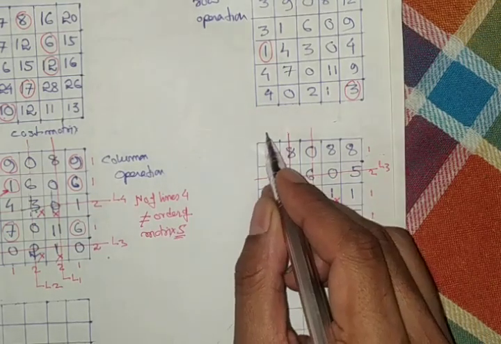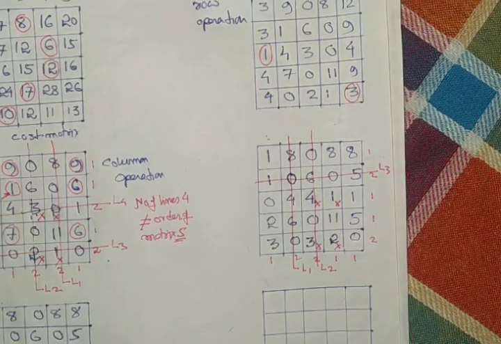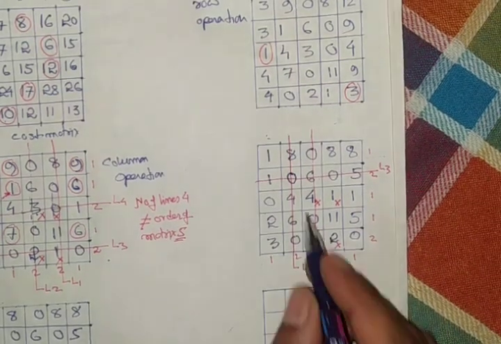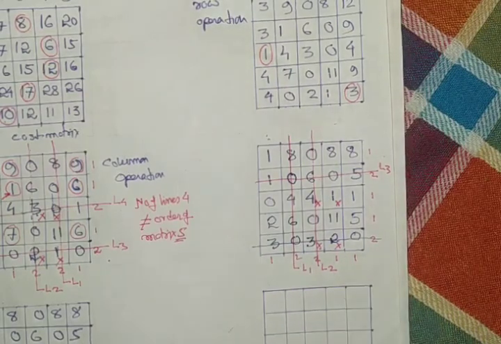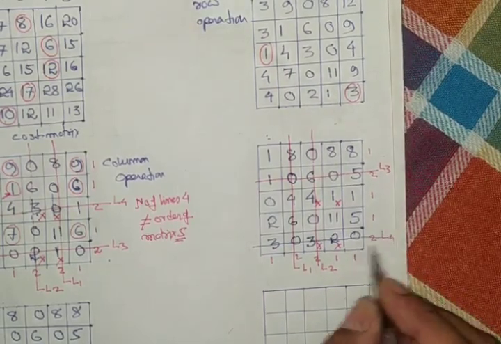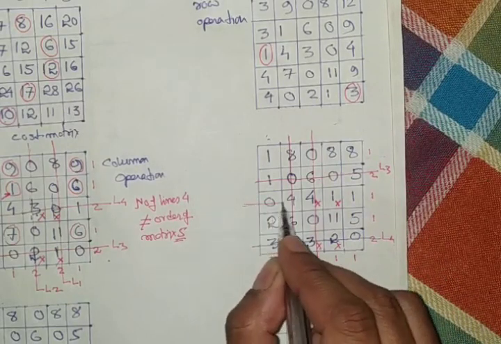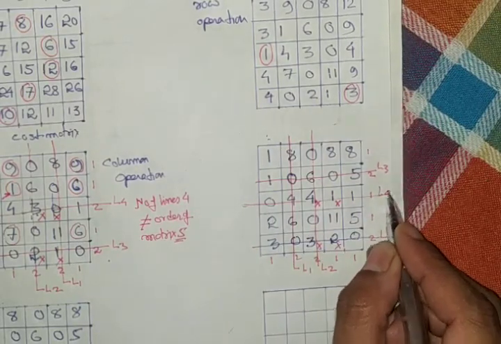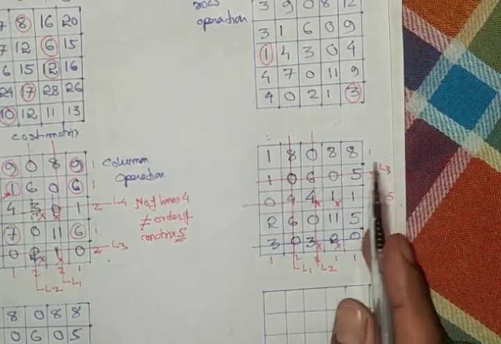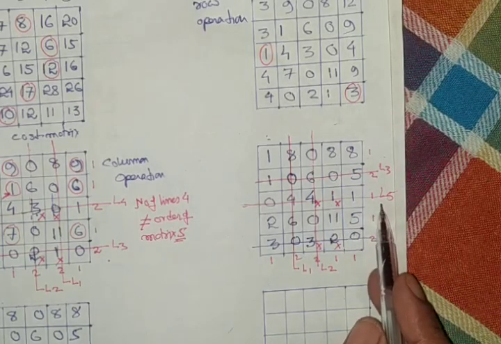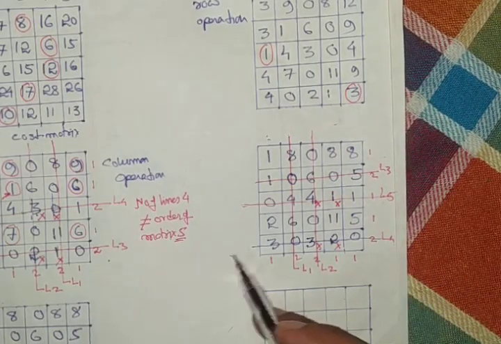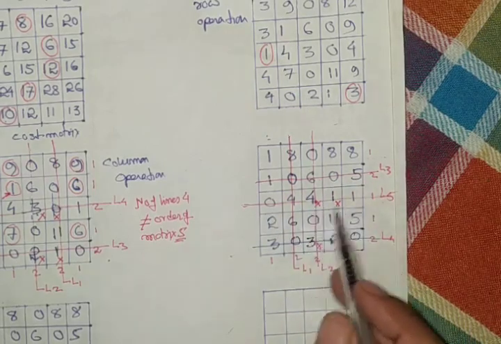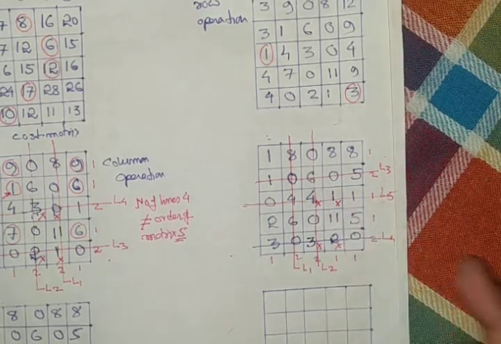I have to put something, something is wrong here. Now if I draw a line here, it will be line number 4. If I draw a line to cover this 0, it will be line number 5. Now the number of lines is 5 and the order of the matrix is 5, but this is wrong, because there is another method.